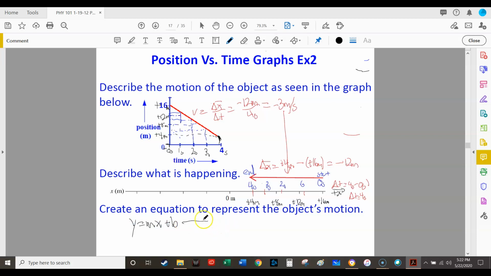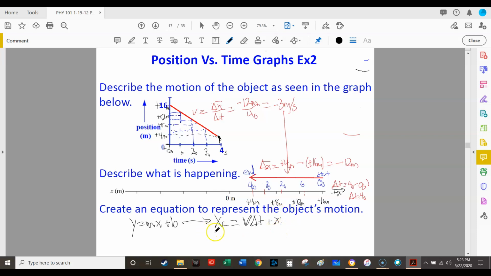So again, you're trying to predict the final y position, so the y-axis is going to be position. We're trying to predict the final position using the slope, which is going to be velocity. Delta t is going to be the x-axis, and that is going to be plus the initial position.